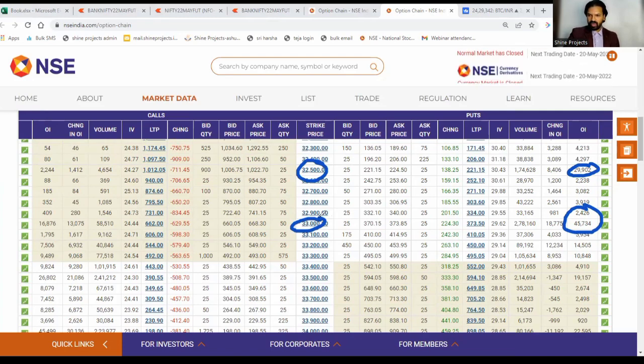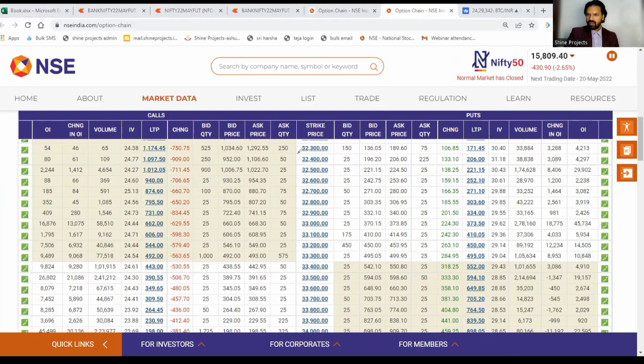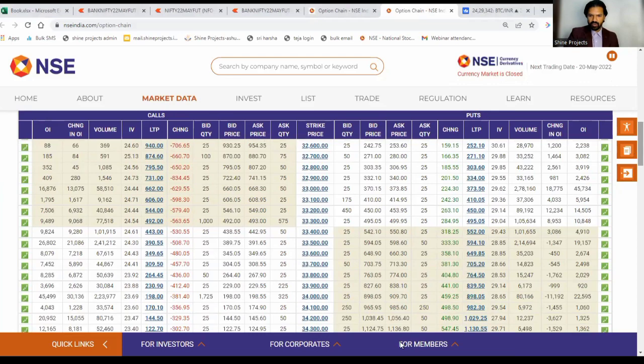But when I look at the resistance, let us also analyze the resistance level here. There is a resistance built at 33,500, although here the support is less. The next level, let me scroll down a little bit. When I scroll down, I can see there's a huge resistance built at which level?